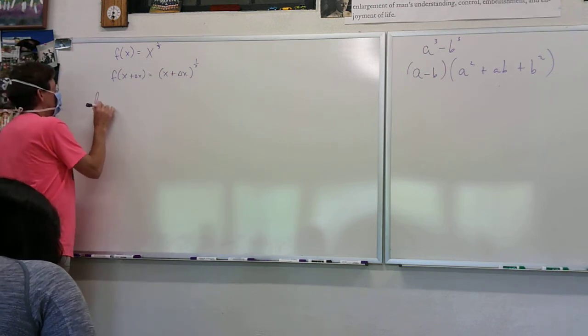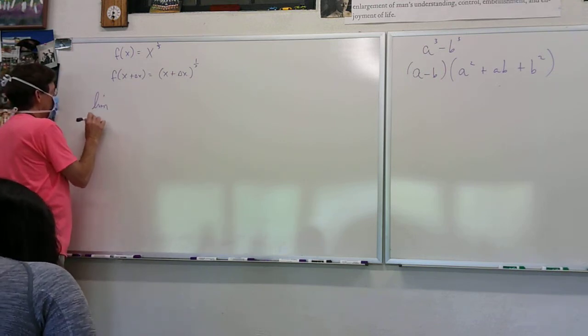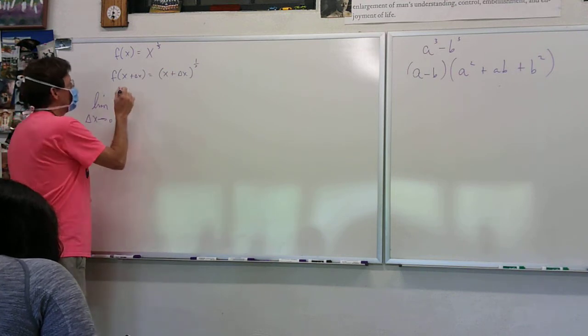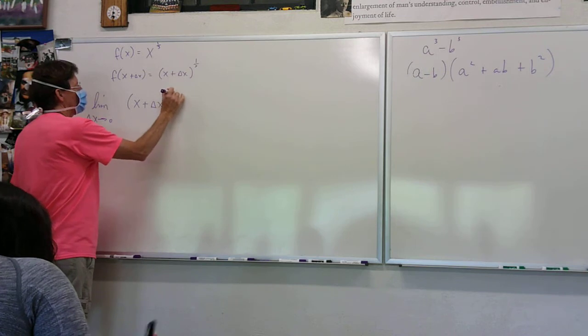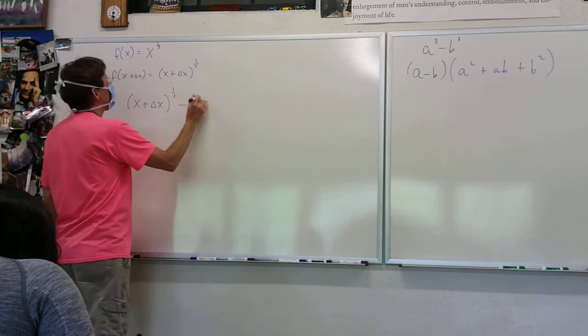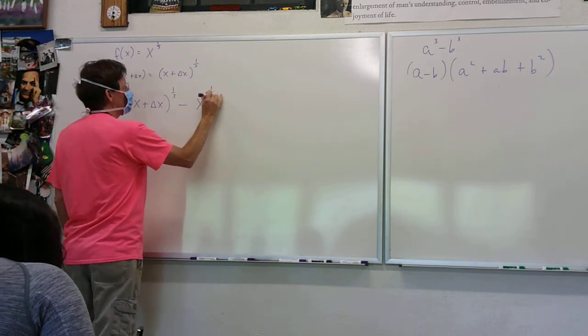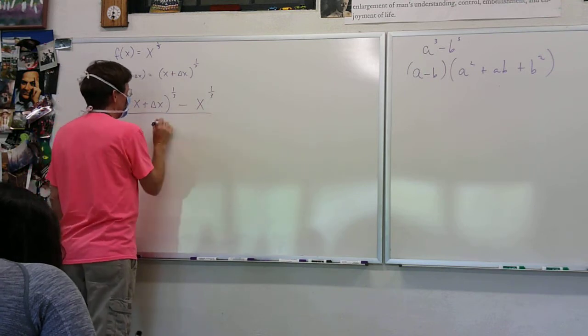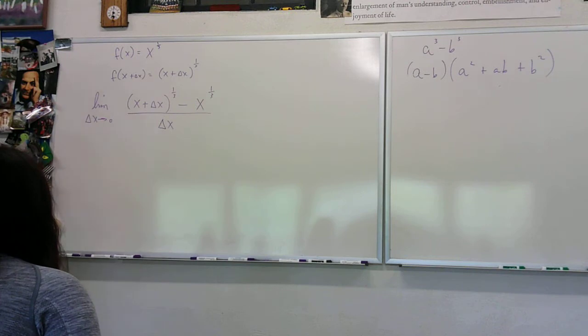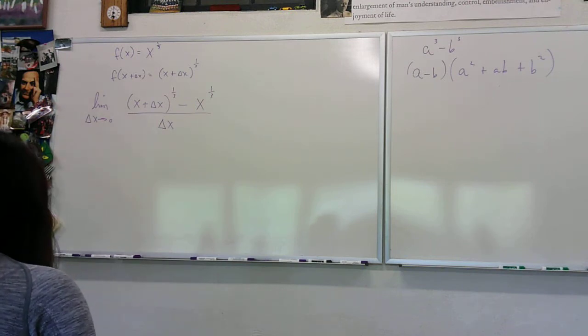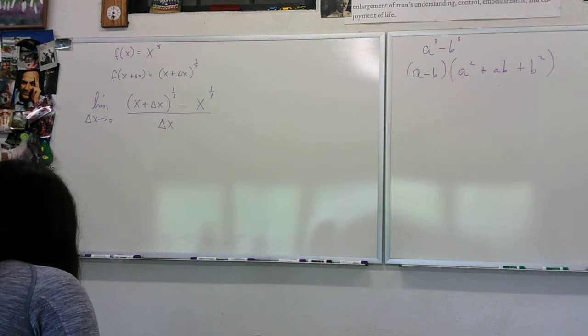Limit as delta x approaches 0 of x plus delta x raised to the 1/3 minus x to the 1/3 over delta x. This is the problem that if you've not seen someone do it for you, or someone's not giving you the big hint, it would be really difficult to do.